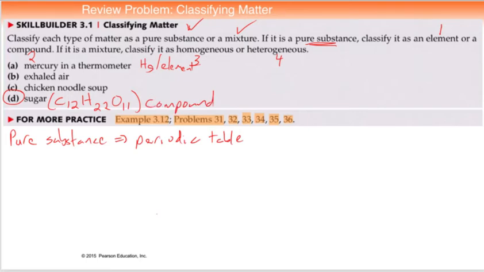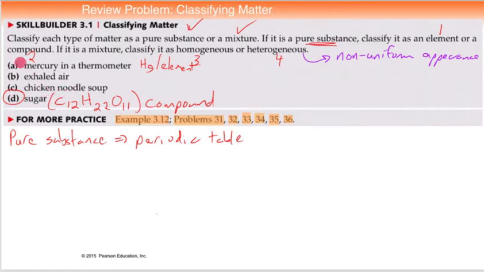Now, the other 2 examples here are going to be mixtures. And there are 2 different classifications here: a homogeneous mixture and a heterogeneous mixture. It really boils down to, do you have a uniform appearance? A heterogeneous mixture has a non-uniform appearance. There are at least 2 things that are distinct: the chicken broth and the noodle, the broth and the chicken.